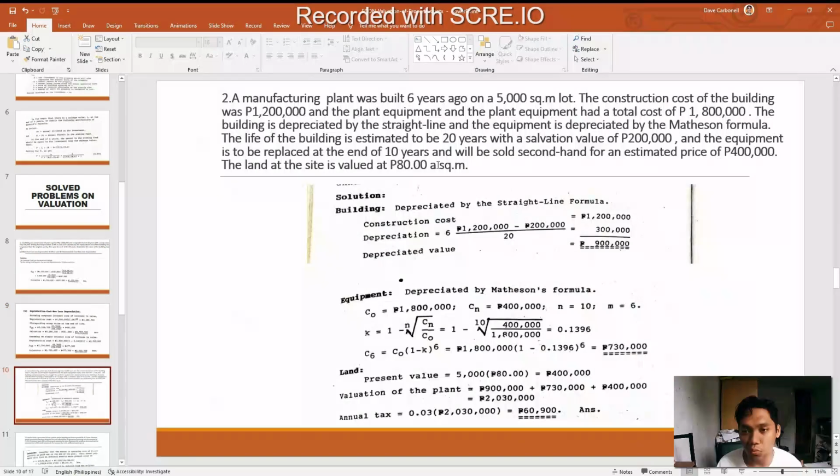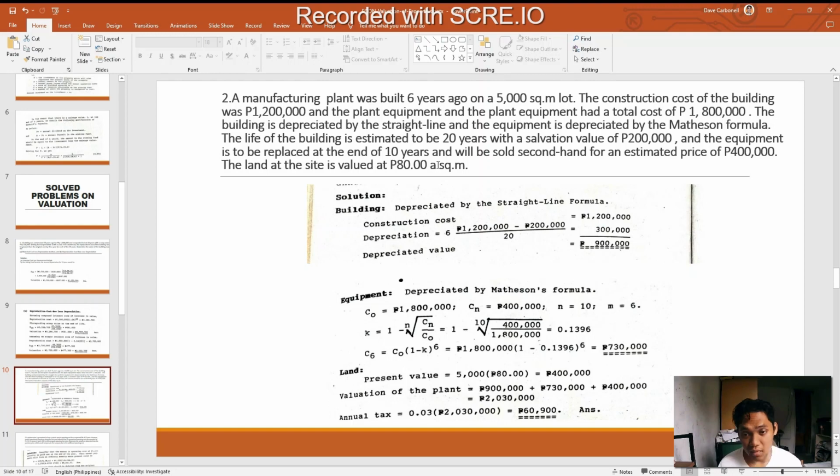Let's move on to number 2. A manufacturing plant was built 6 years ago on a 5,000 square meter lot. The construction cost of the building was 1,200,000 pesos, and the plant equipment had a total cost of 1,800,000 pesos. The building is depreciated by the straight line method, and the equipment is depreciated by the Matheson formula.